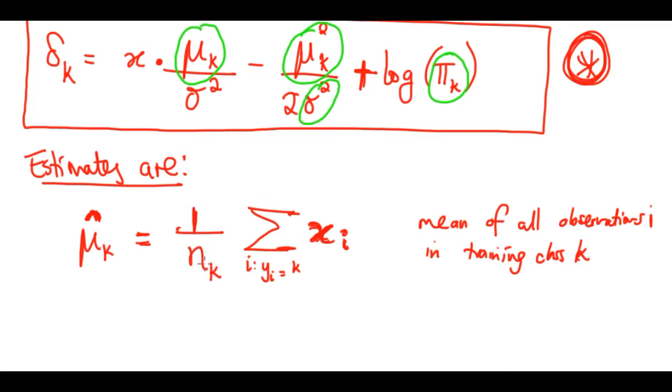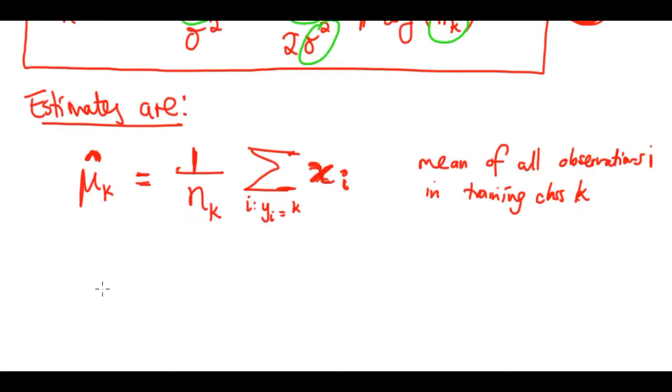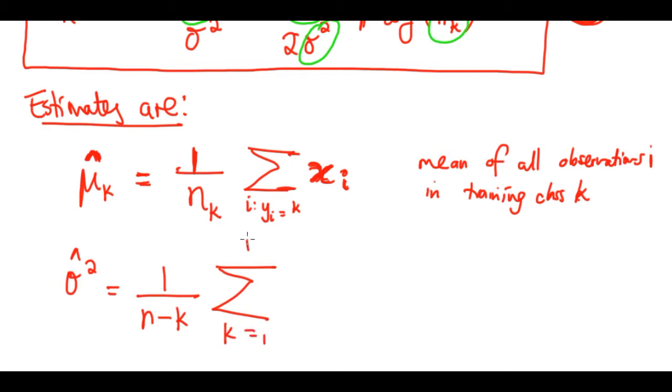In that class K. And the variance is going to be a bit nasty. This is the formula for the shared variance. The shared variance is going to be given by k equal to 1 all the way up to the last. So this part is saying for each class we're going to sum up all the classes. But what are we summing up from all the classes?